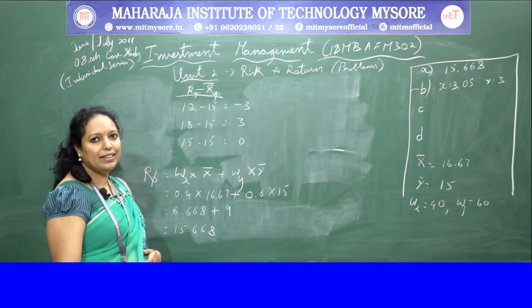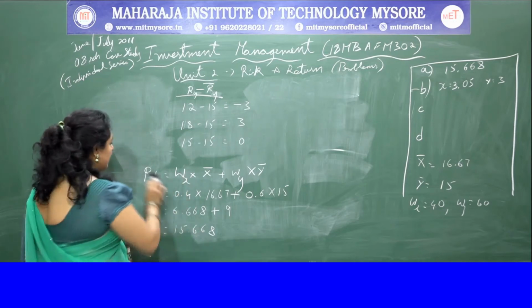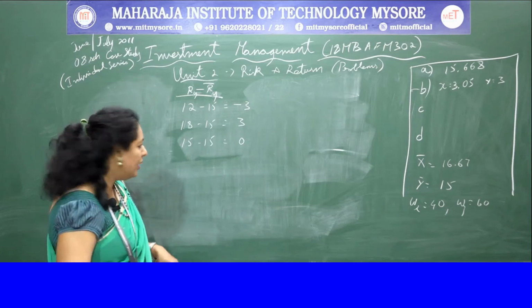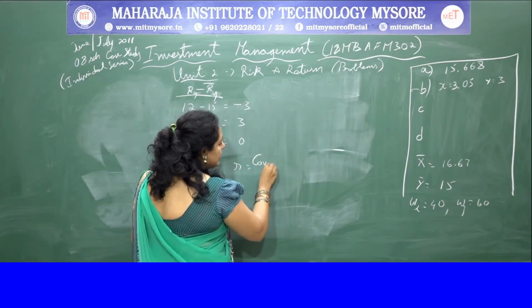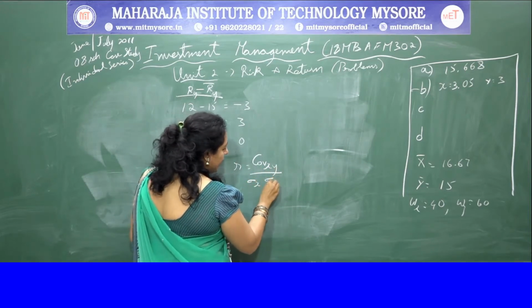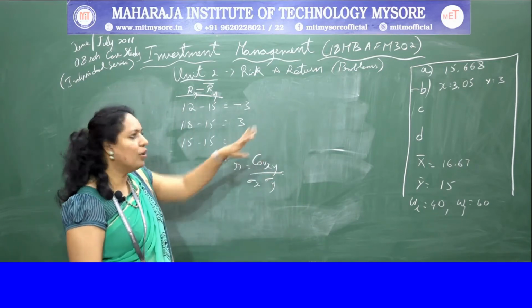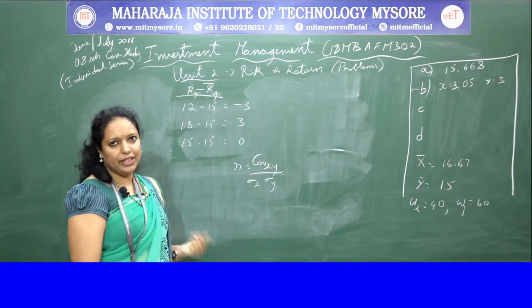Correlation coefficient is R. To calculate R, I'll just erase this. You need a formula: covariance xy divided by standard deviation x into standard deviation y. Standard deviation we already know, it is already on the board, but covariance we have not yet calculated.